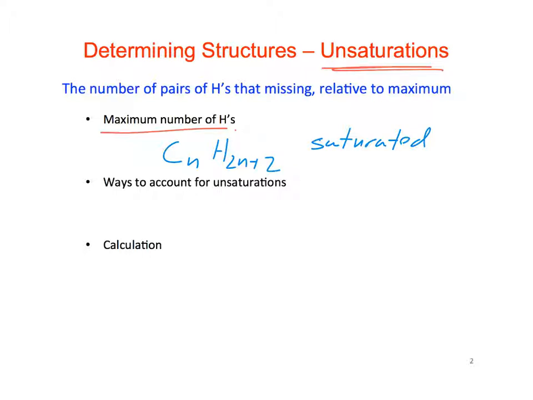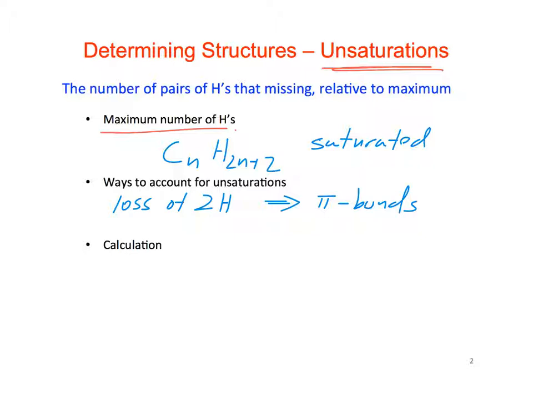We can have unsaturations, though, and unsaturations usually involve the loss of pairs of hydrogens, two hydrogens. What structural ways can unsaturations be accounted for? Double bonds, or in a more general sense, pi bonds. They could be double bonds or triple bonds. What else?